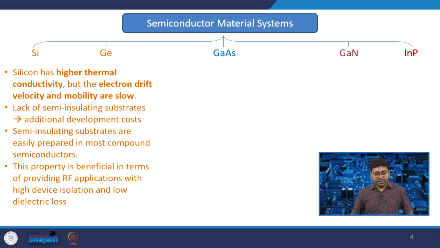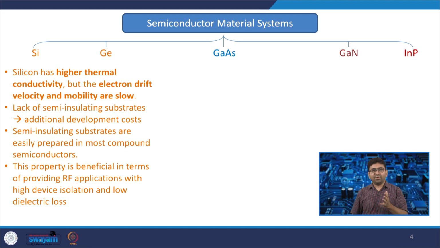If we talk about silicon and germanium, silicon has a higher thermal conductivity, but the electron drift velocity and mobility are slow. This thermal conductivity helps to release the high power; due to high power, high temperature is generated, and I already gave an example when we discussed noise, that noise is proportional to the temperature.